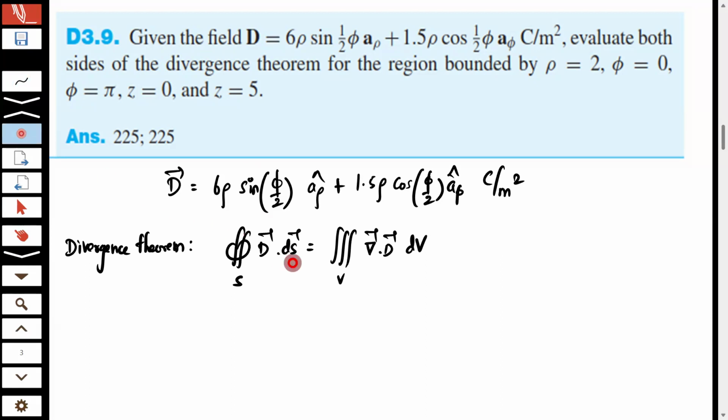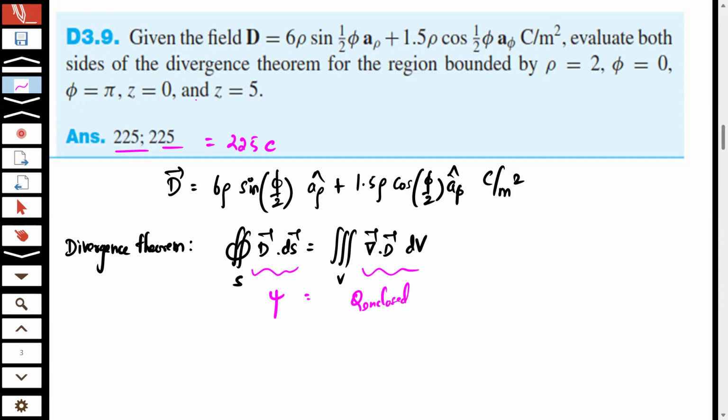We have already discussed this: the left-hand side is the flux and the right-hand side is the charge enclosed. We have to evaluate LHS separately and RHS separately. Both will become equal, and the answer you should get is 225 coulomb. This should be the answer.